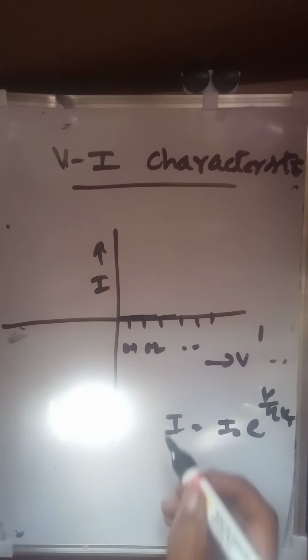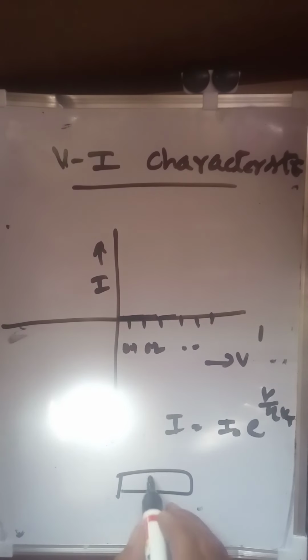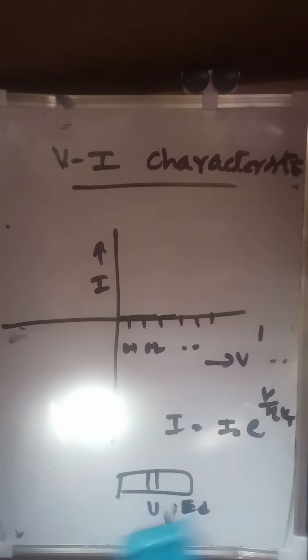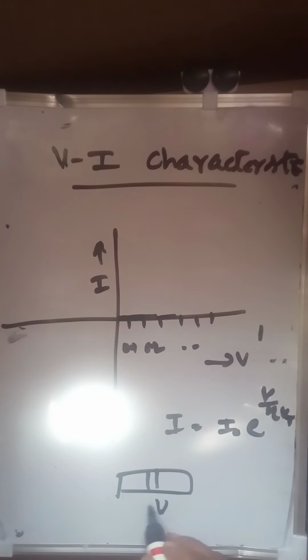Why? Because already at the junction there is an opposing voltage, the electric field intensity times the distance. This opposes further movement, so the holes and electrons do not cross each other.